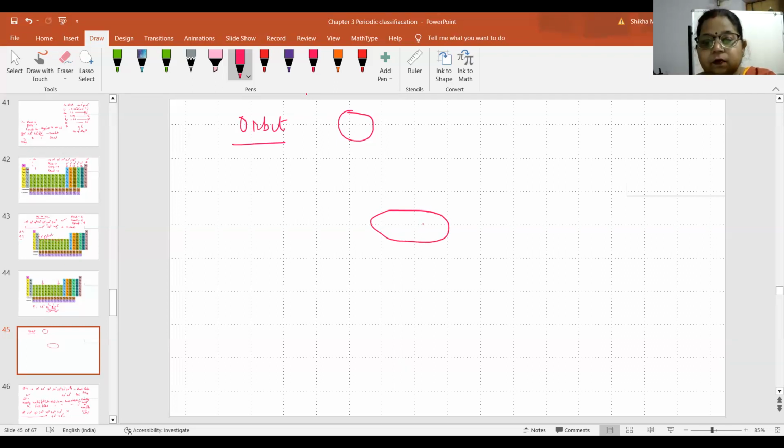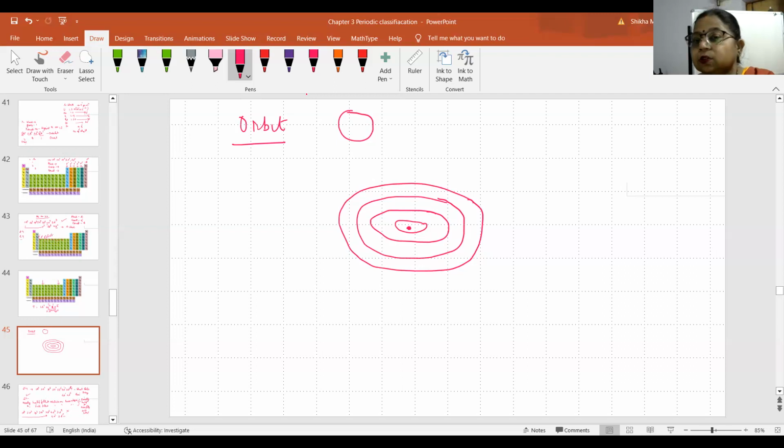I'm just trying to draw them as elliptical as possible for me. Let's assume this to be the nucleus, right?